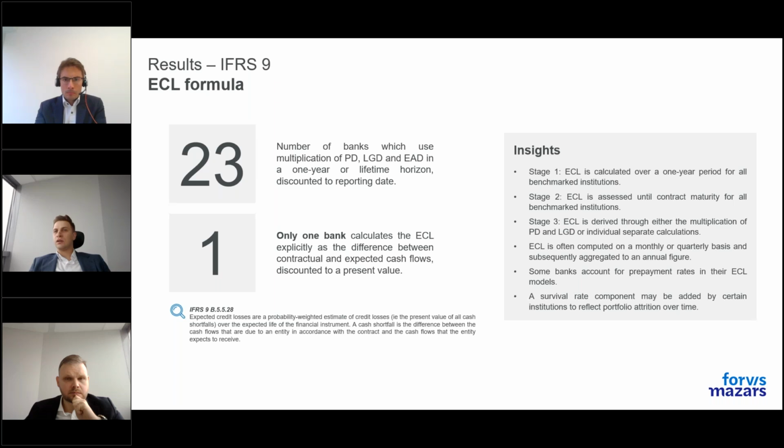Some banks also account for prepayment rates in their ECL models. Some of them are calculating ECLs in shorter periods of time and then aggregating it to annual figure. And some of them also include the survival rate component in the ECL formula.